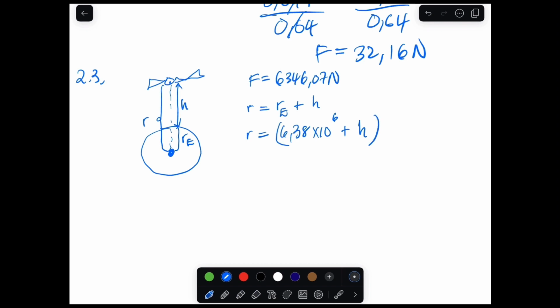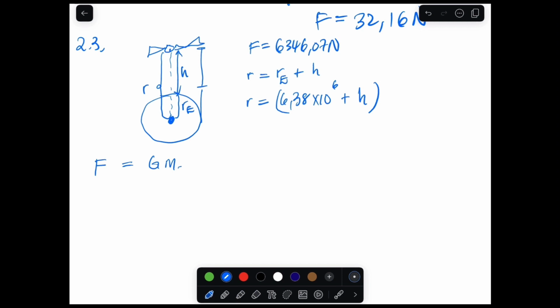Now we have the radius plus the height, but we want the height. The force is G, mass of the earth multiplied by the mass of the satellite divided by r square, right?